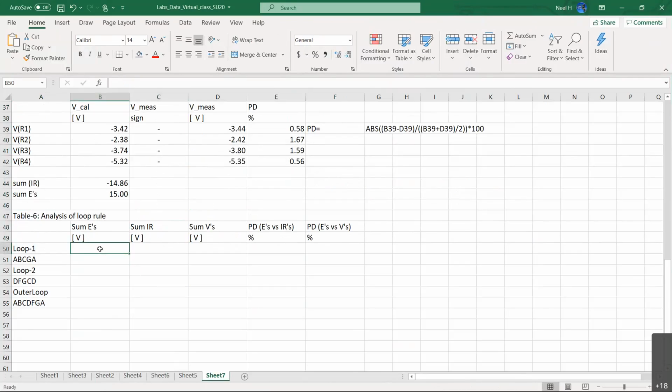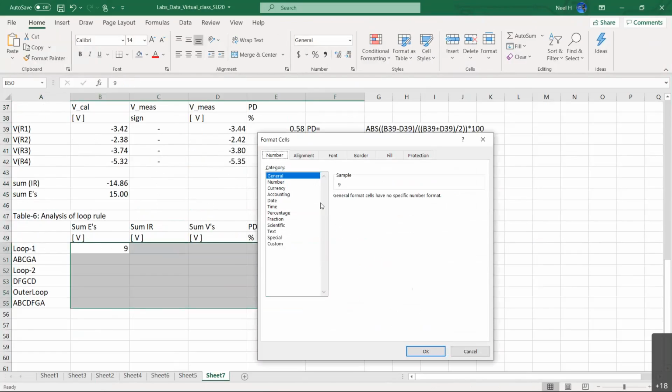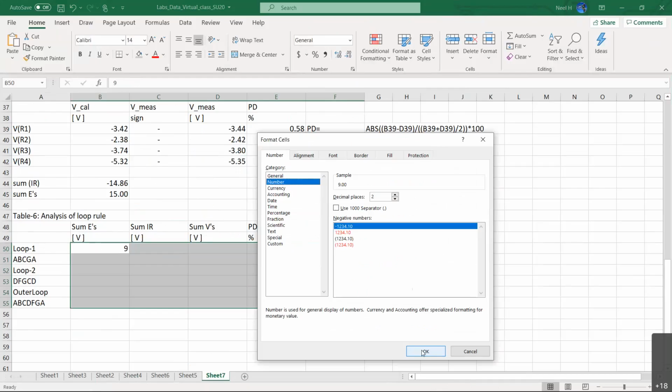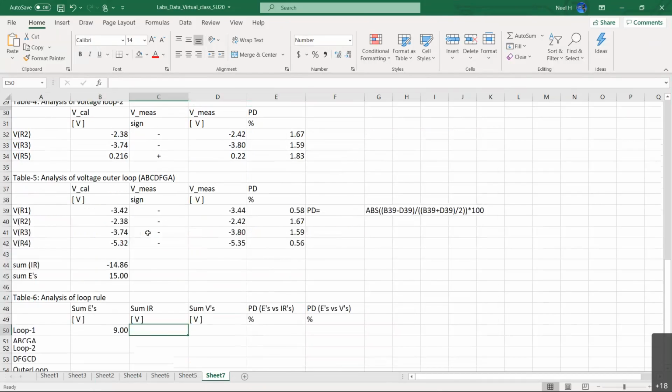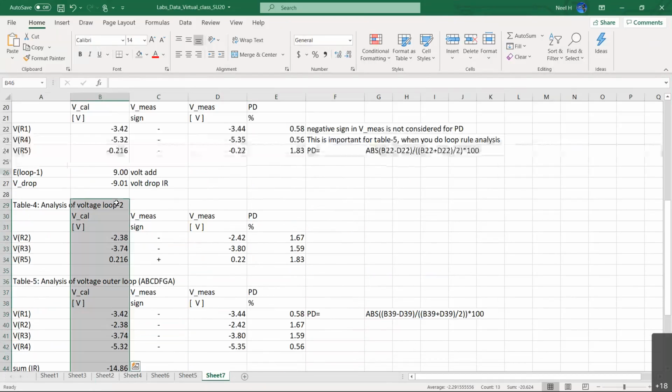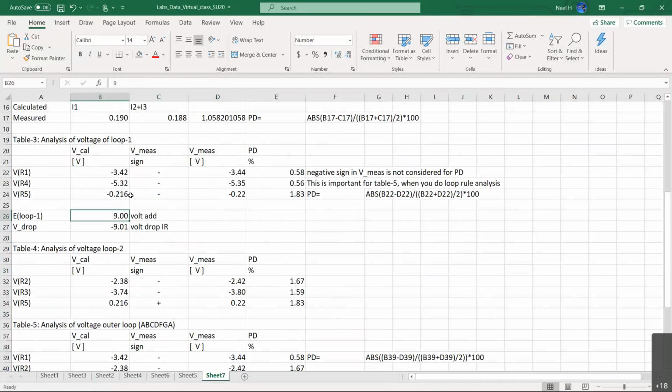So that means it's going to be just plus 9 volt. You can reformat this whole thing to at least two decimal places to show the accuracy.